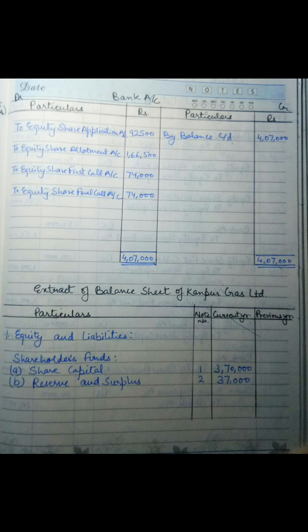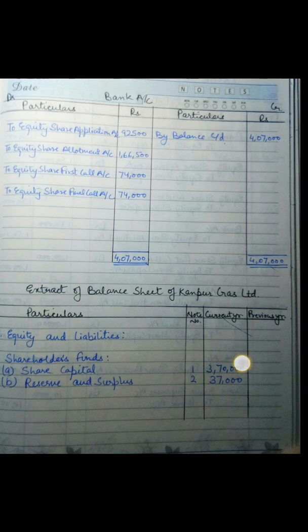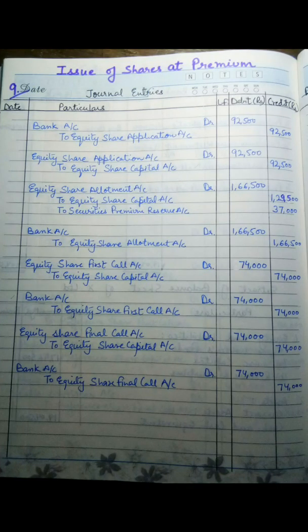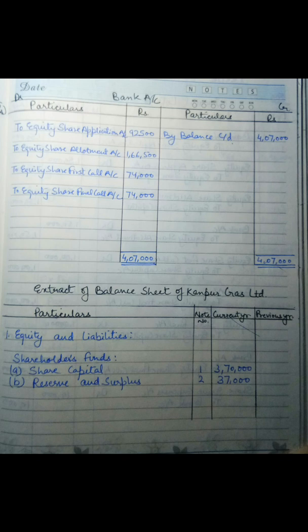Similarly, the next entry is the fourth one, bank account debit to equity share allotment account, 1,66,500. Looking at that entry, it is posted in the ledger of bank account to equity share allotment account, and again 1,66,500.